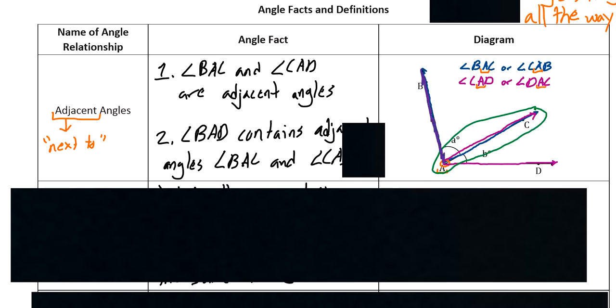So from here to here is angle BAD. So the measure of angle BAD would be from here, and how much rotation to end up from facing this way over by D all the way up to facing this direction now.